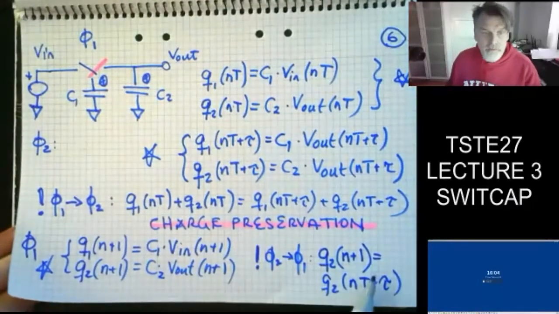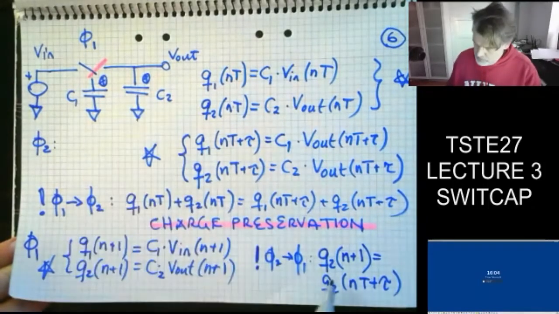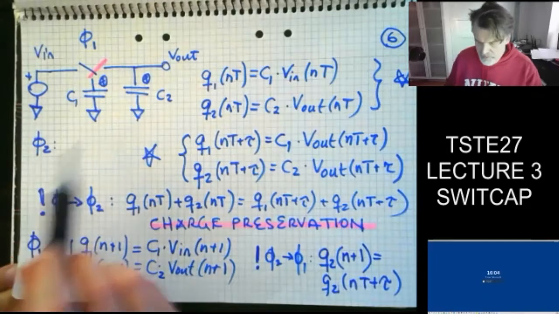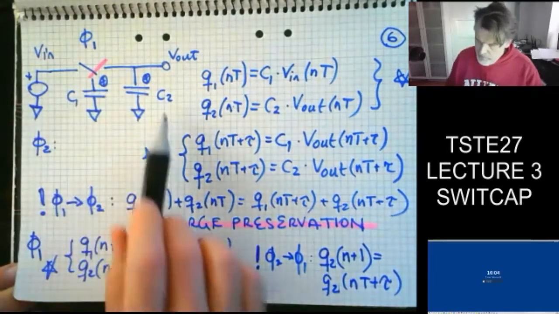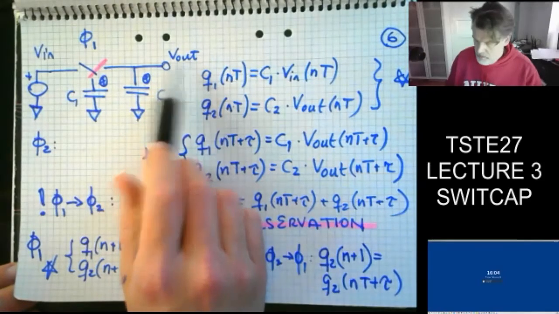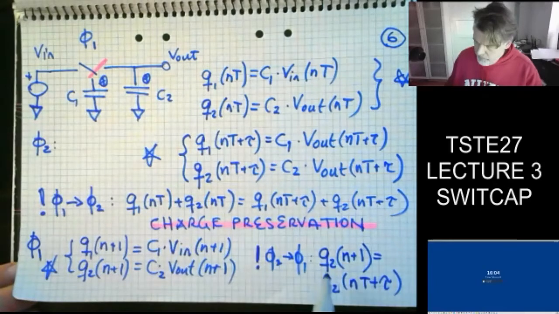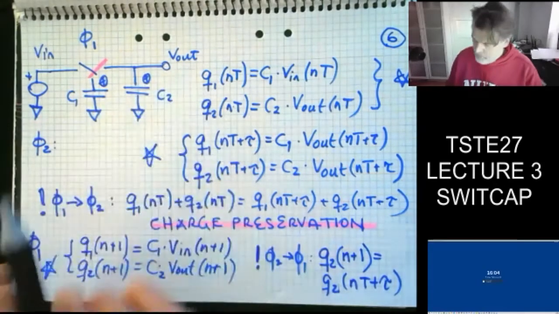And then what can this tell us? Well, that tells us that the charge is preserved on C2. Q2 is equal to the old one in the phase transition from pink to blue. And that also implies that the V out voltage must be maintained at the same level. Okay, so charge is preserved, C doesn't change, so obviously V out cannot change.